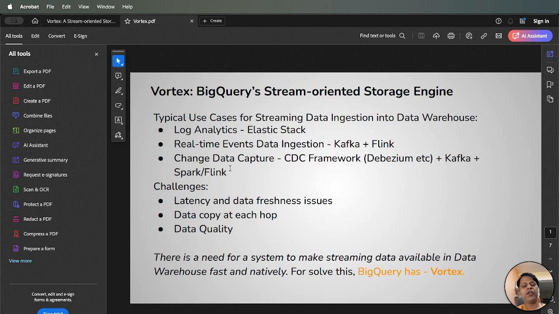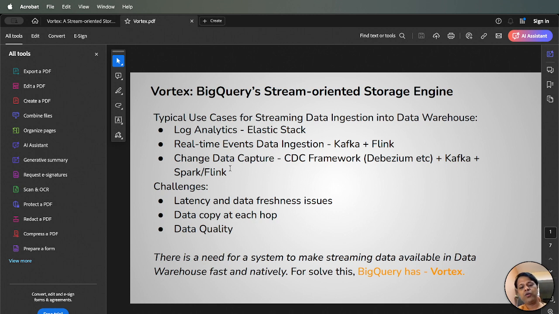So for BigQuery as of now, it is mostly batch processing for data warehouses, but more and more organizations are trying to leverage stream data in real time. So there is a need for the data to be available in the data warehouse very fast and without specialized systems, to avoid all the data copy, data governance, and data quality issues.